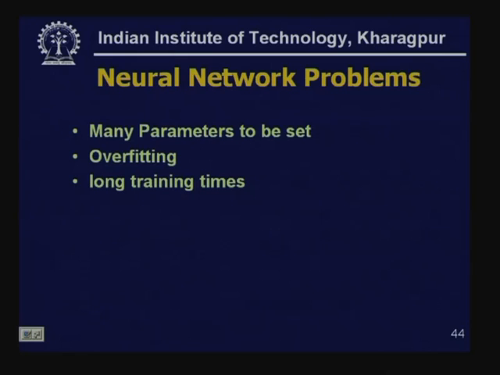Some other problems with neural networks are that there are many parameters to be set. Suppose we are using the sigmoid function, we have to decide the threshold of the sigmoid function, eta, which is the learning rate, alpha, the term associated with the momentum, the number of hidden units, the number of hidden layers, and so on.